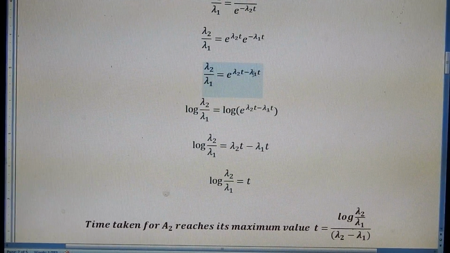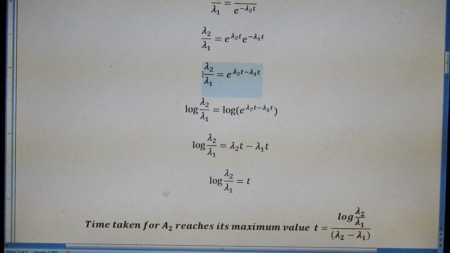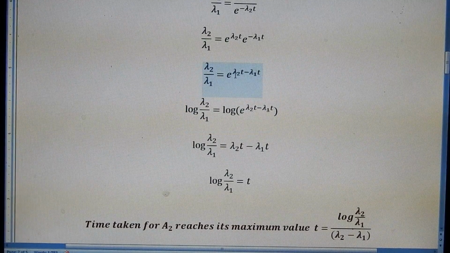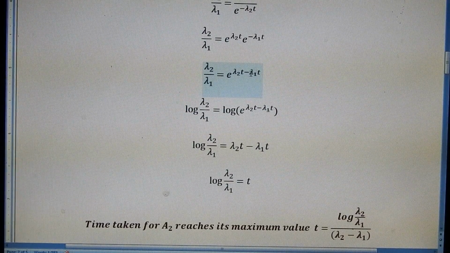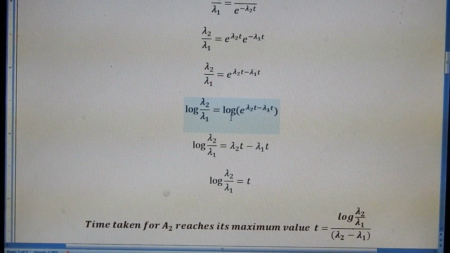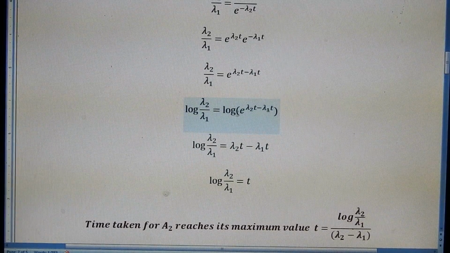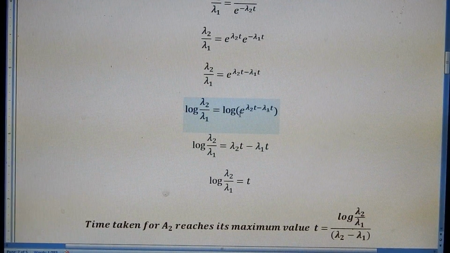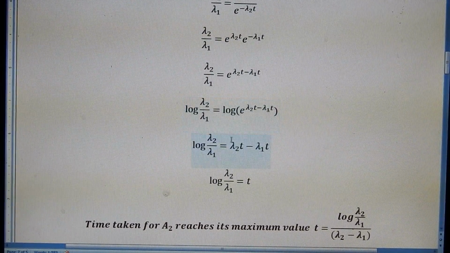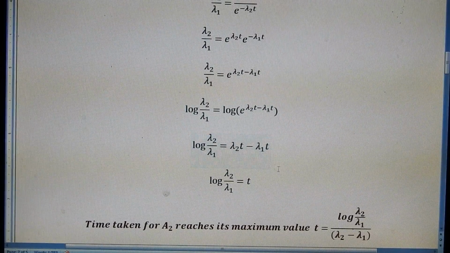Here t is common to both terms, so we apply log at the same time: log of lambda 2 by lambda 1 is equal to log of e power of lambda 2t minus lambda 1t. The exponential and log cancel, so we get lambda 2t minus lambda 1t.